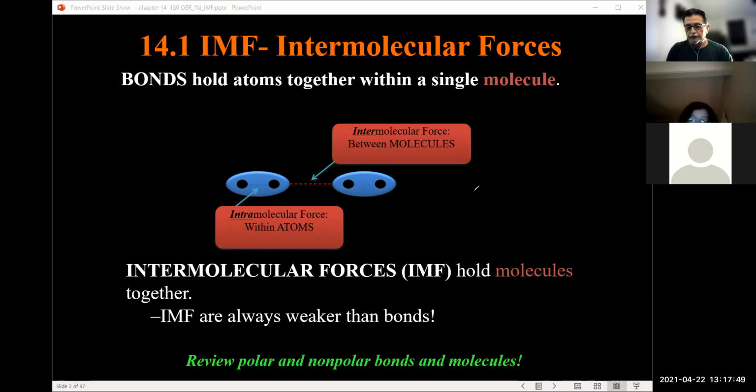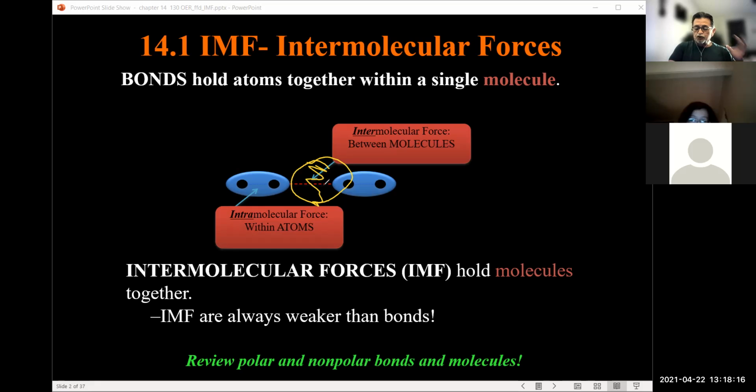Those interactions in the dotted line right here are IMF interactions. As we put energy into the system, we're trying to break that interaction up so we can separate the molecules from each other and cause them to go up into the atmosphere.